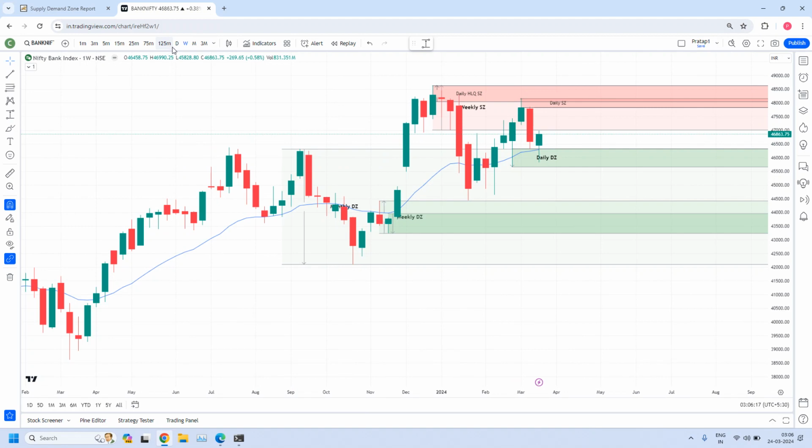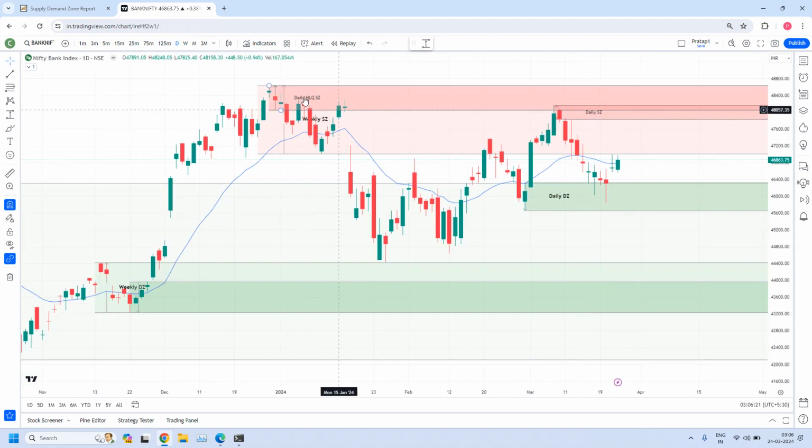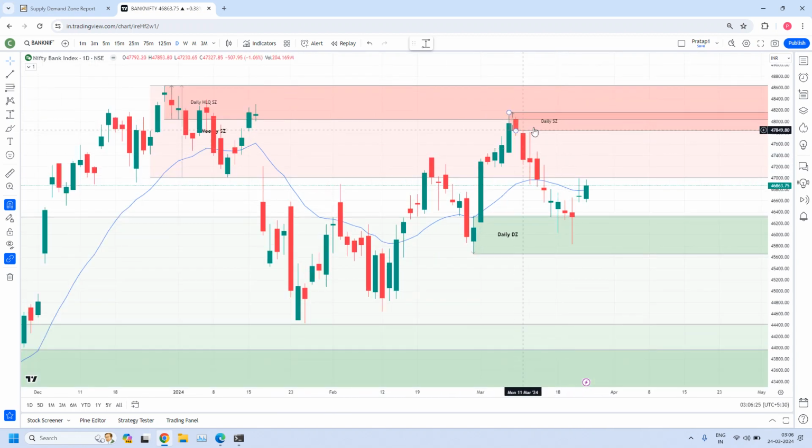Okay, now let's go back to the daily. I am not drawing any other zones because they are all part of this zone confluence. Only the recent zone I have drawn, the daily supply zone, which is part of a high liquidity supply zone. I mean, it's not zone confluence, sorry for my mistake. It is LOTL, level on the top of the level. If 2 zones overlap with each other on the same time frame, that is called LOTL.